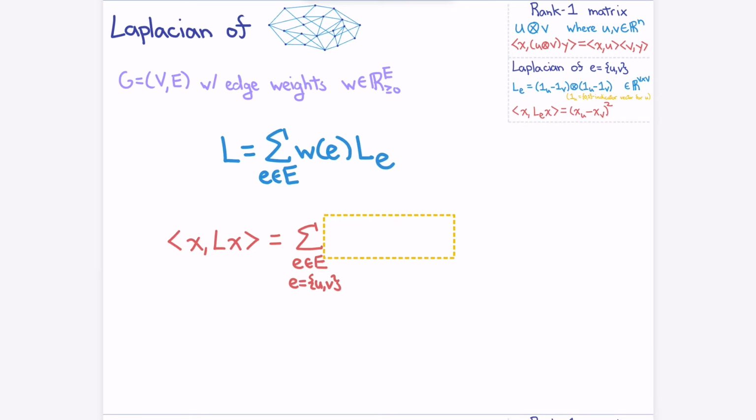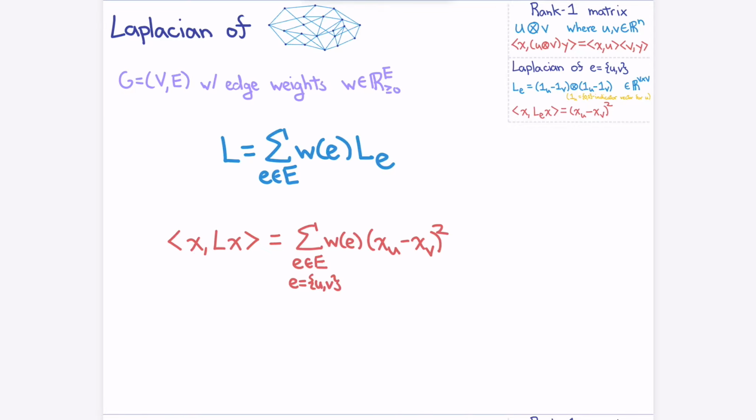Okay, so you're going to be summing up all the edges, right? And then what will a term for a particular edge look like? Yeah, something like this. So it's just going to be summing up all the differences squared over all the edges, times the weights of the edges.